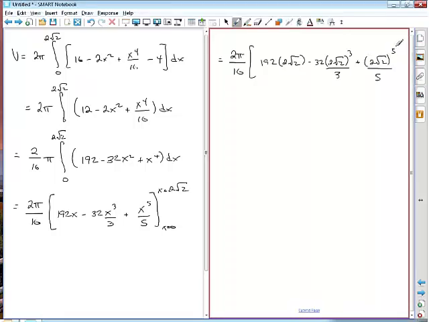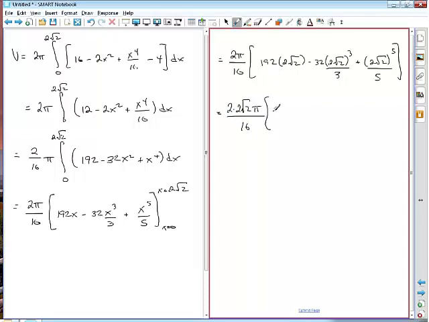This is where I messed up last time, as I forgot the 5. Now, we can factor out a square root of 2 times 2. So we'll have 2 times the square root of 2 times pi divided by 16.